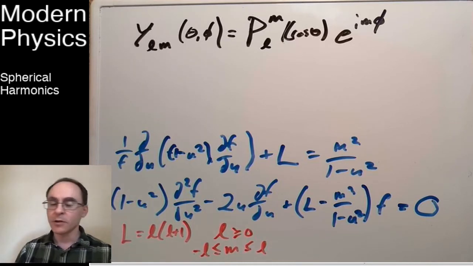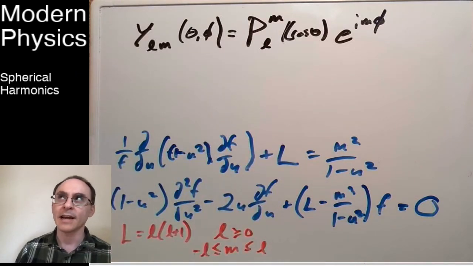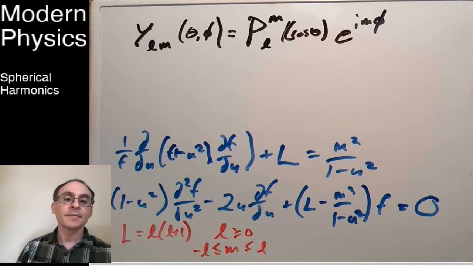For us, doing quantum mechanics, this is just a part of a larger function, so we don't really care about the normalization too much, but there's a convention in quantum mechanics to normalize these such that they integrate to a constant, usually 1 over 4 pi, or when you integrate over the whole sphere, that becomes 1. But some different communities do things a little bit differently.